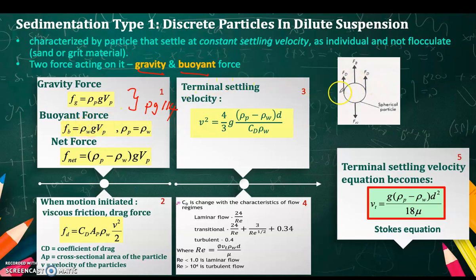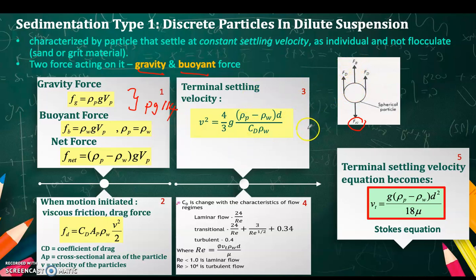Imagine this is your particle or impurity. This is FG, the gravity force; this is FB, the buoyant force; and FD is the drag force.